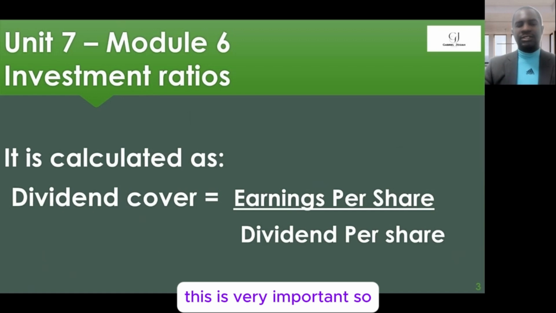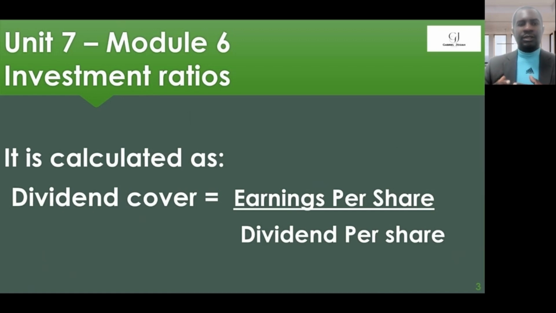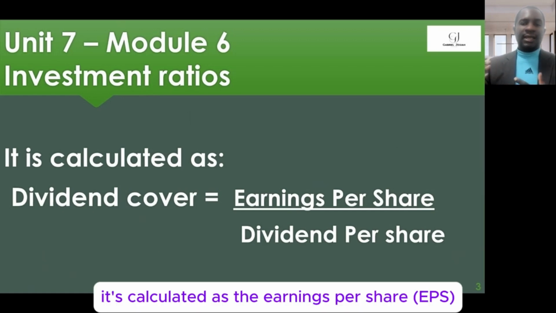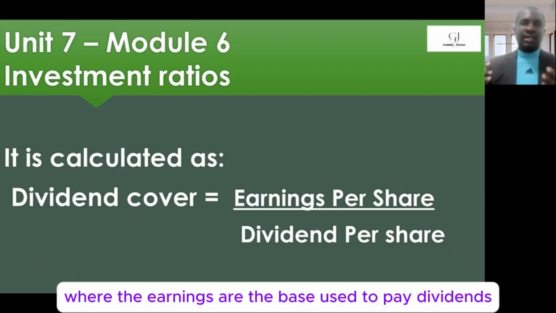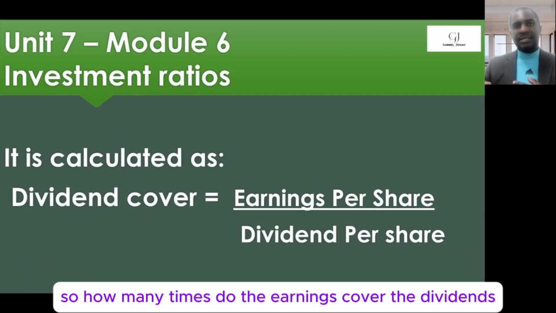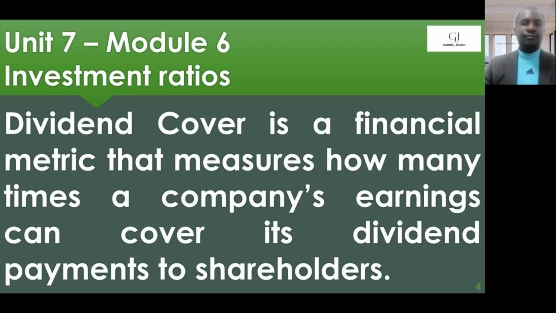This is very important. It's calculated as the earnings per share divided by the dividends per share, where the earnings are the base used to pay dividends. So how many times do the earnings cover the dividends paid out?